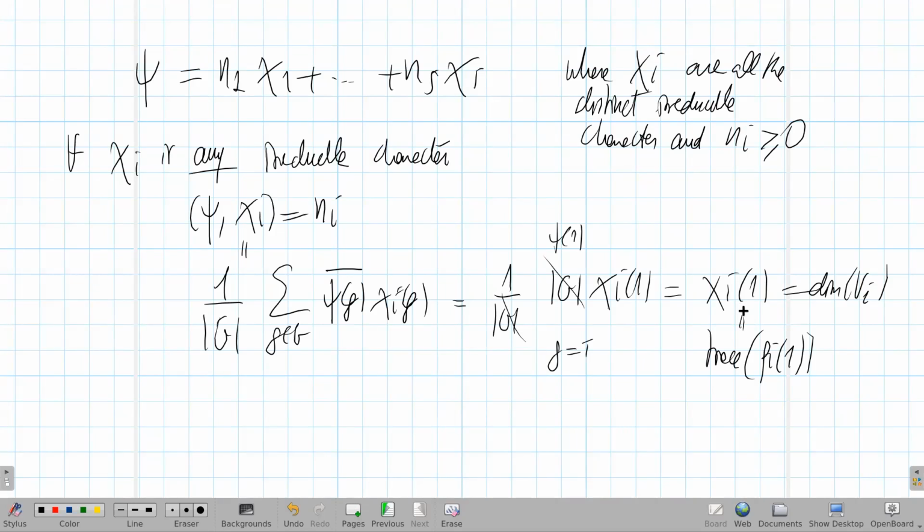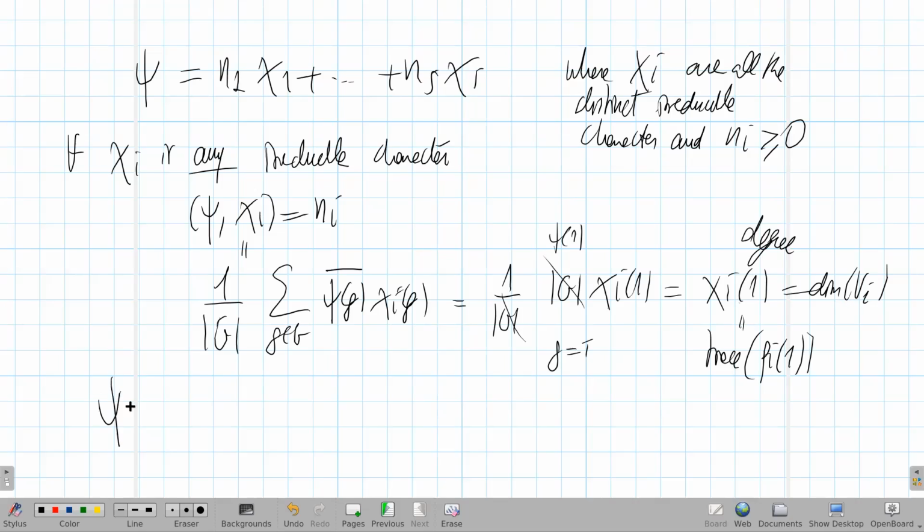So what we have found is that if you take any irreducible character, then it appears in this decomposition, and it appears exactly chi I of 1 times. This is called the degree of the character, the dimension of Vi.